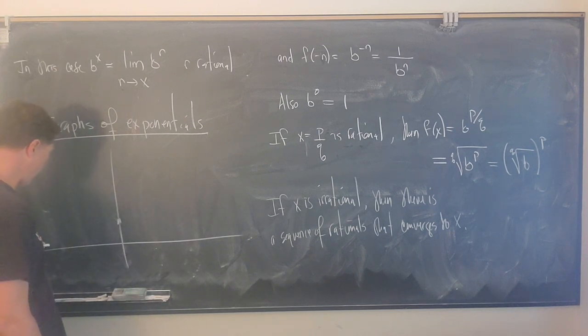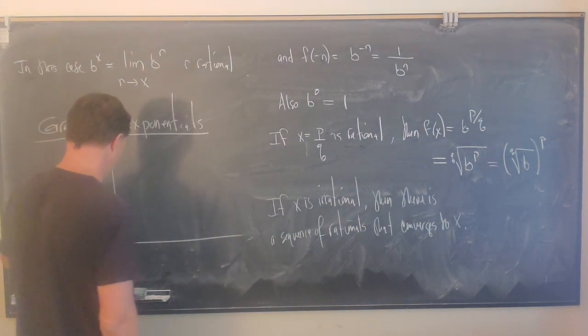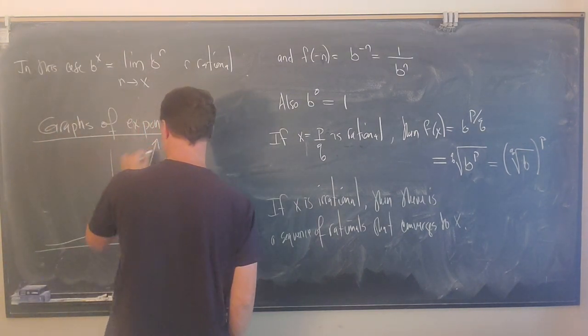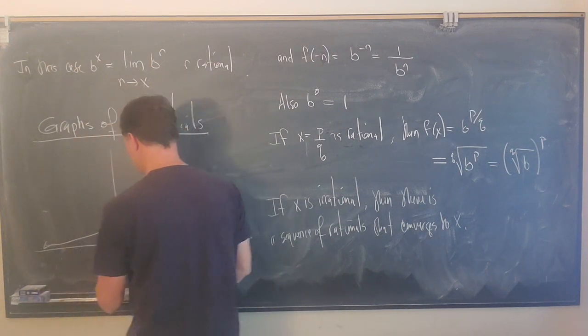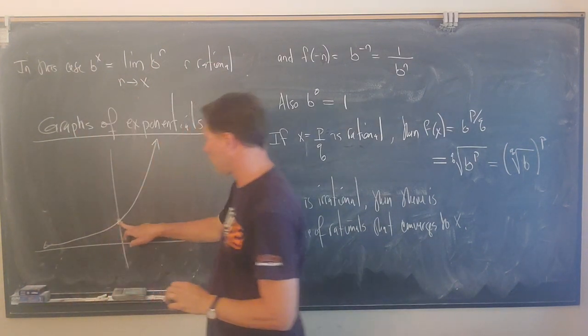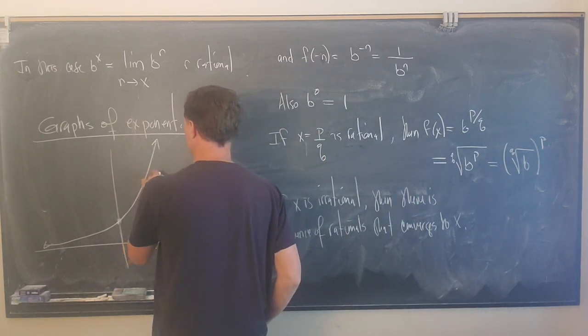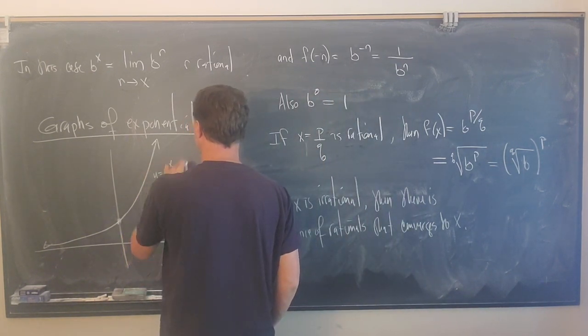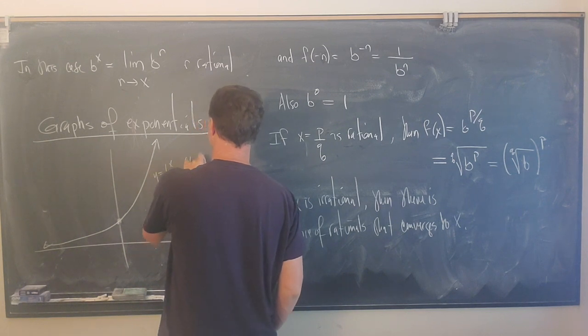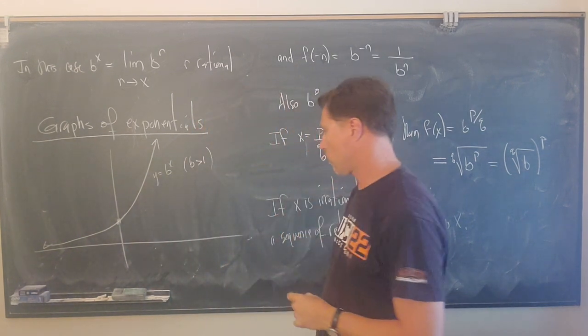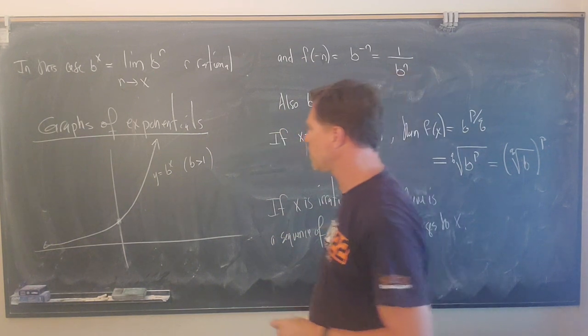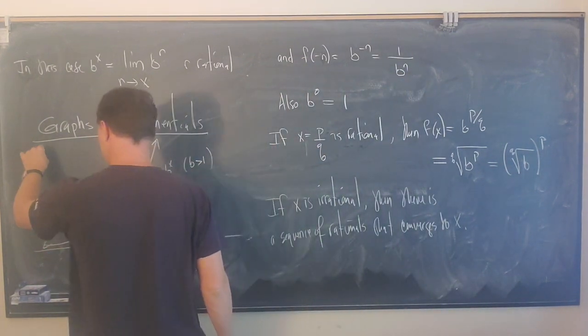So that means that the graph of an exponential is definitely going to pass through the point 0, 1, meaning this is at height 1 right there on the y-axis. So this is what the graph y equals b to the x looks like in the case that b is strictly greater than 1. It's got this sort of ski jump shape.